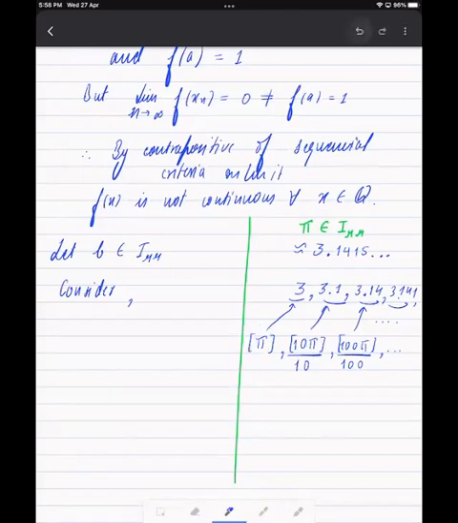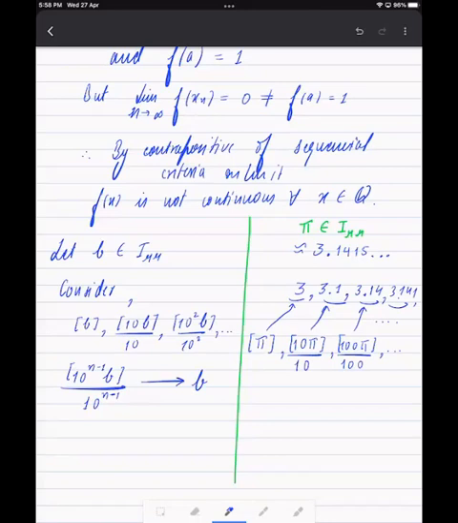So the sequence is the greatest integer of b, greatest integer of 10b upon 10, greatest integer of 10 square b upon 10 square, and so on. The sequence I'm considering is the greatest integer of 10 to the power n minus 1 b upon 10 to the power n minus 1. This is a sequence of rational terms converging to b.